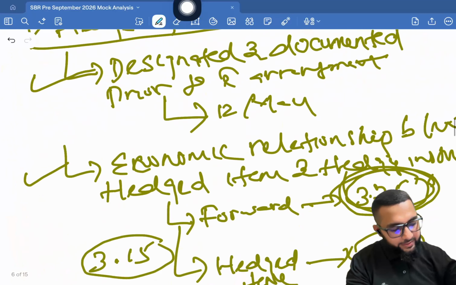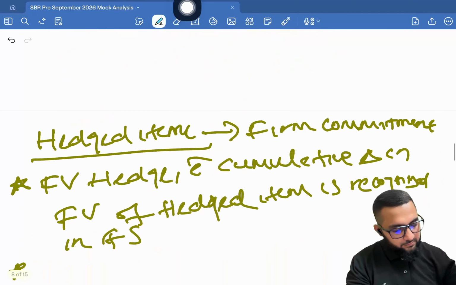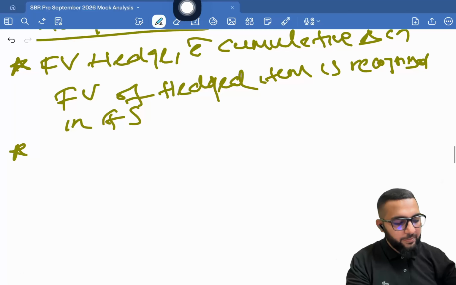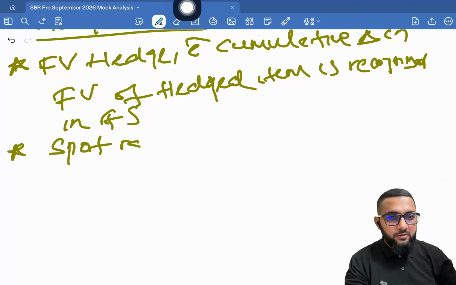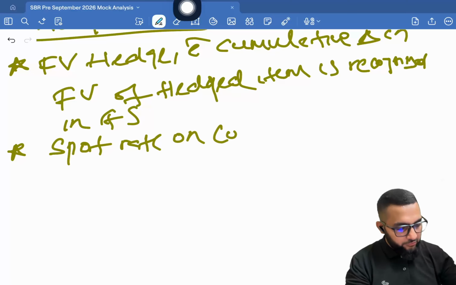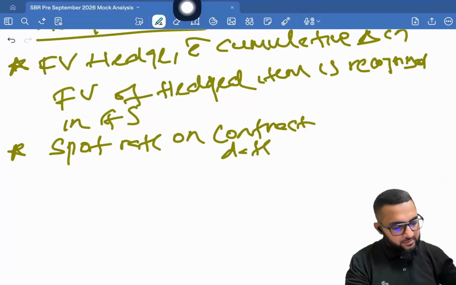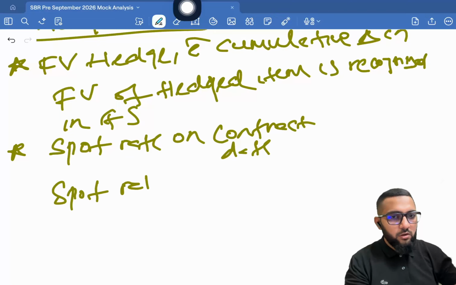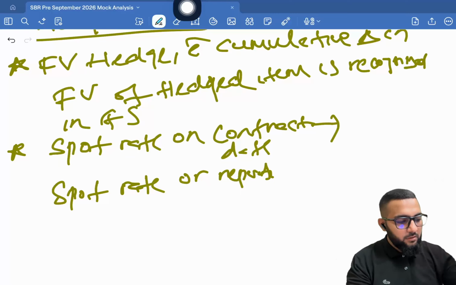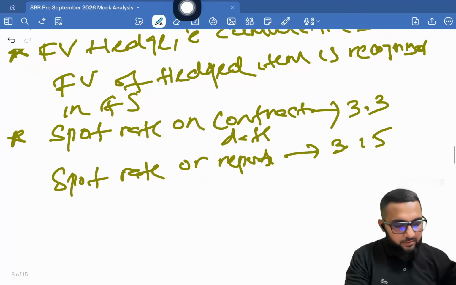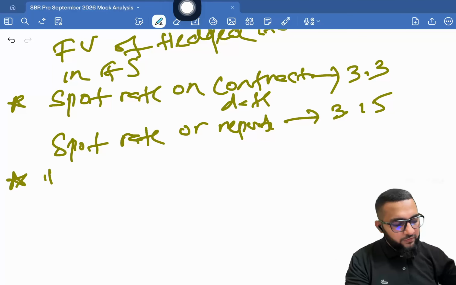So you take the spot rate on contract date versus the spot rate on reporting date. This was 3.3, this was 3.15. So what's the fair value of the firm commitment?